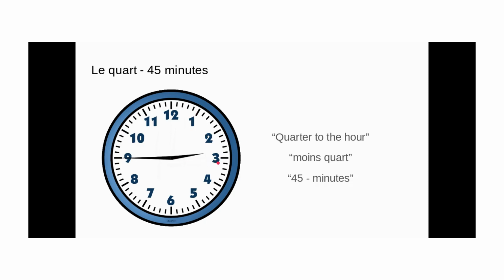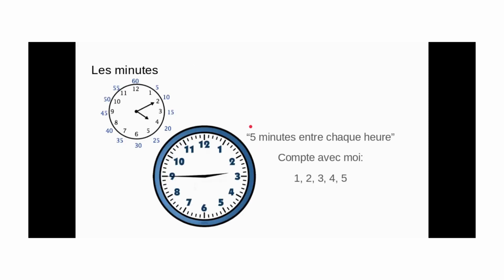So in English, it's 2:45. French, c'est moins quart. 3h moins quart. So it's like you're subtracting 15 minutes. Or you could say 2:45 or 2h45. Le quart, 45 minutes.